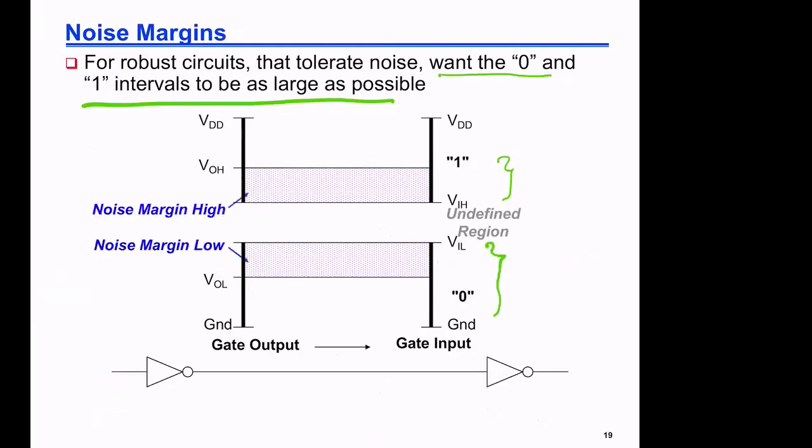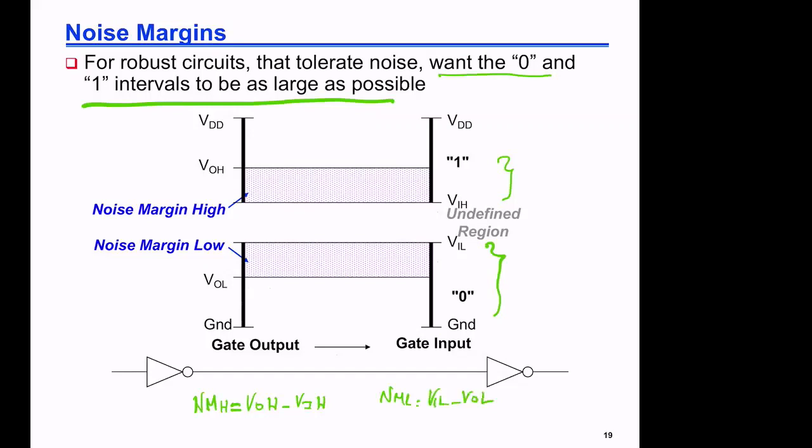Okay, so now we bring two definitions with us from 310, which are the noise margin high and the noise margin low. So for the noise margin high, it is VOH minus VIH, and the noise margin low, it is VIL minus VOL.